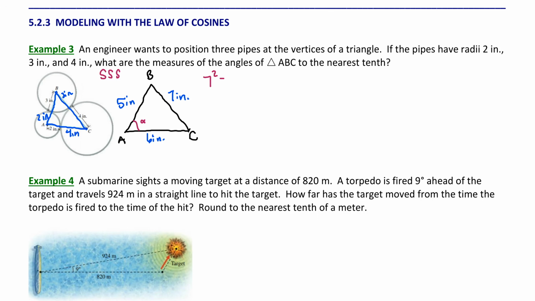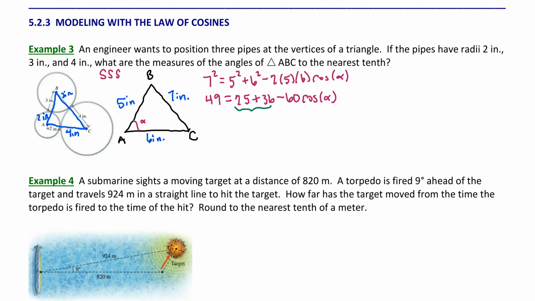We're going to square the opposing side and set it equal to the sum of the squares of the other 2 sides, minus 2 times the product of those 2 values times cosine of alpha. Now, because these numbers are easy to work with, I am going to go ahead and evaluate them this time. We have 49 equals 25 plus 36 minus 60 cosine alpha.